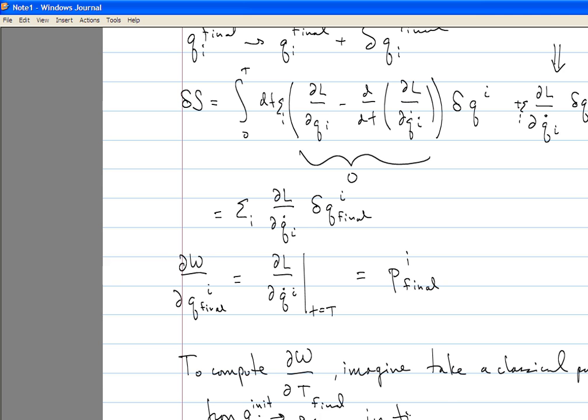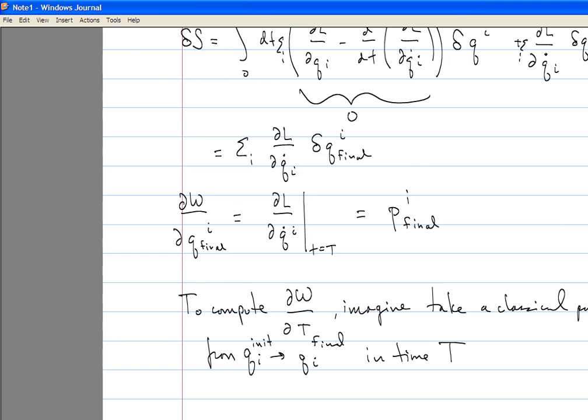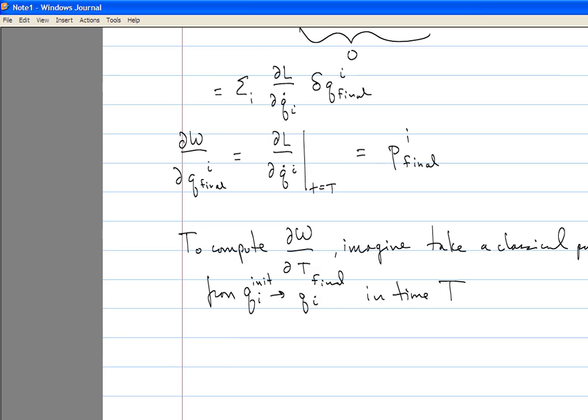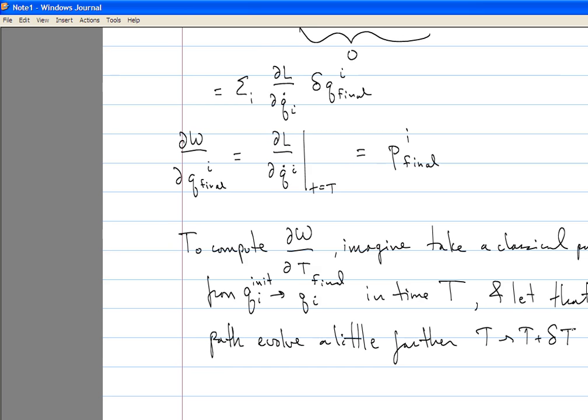And then let's imagine just continuing along that classical path for an additional amount of time delta t. So let's just let that path run a little longer, so that t goes to t plus delta t. And, of course, when you do that, the position will change as well. So QI final goes to QI final plus delta QI final.